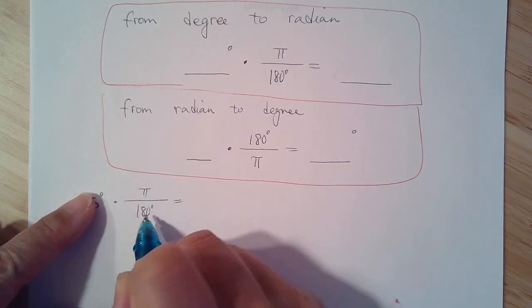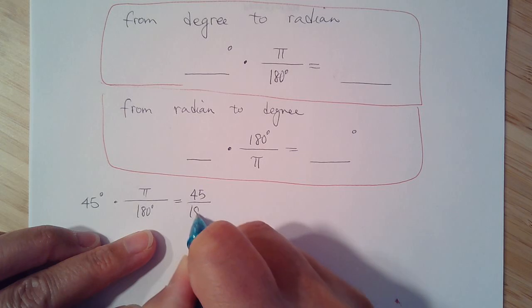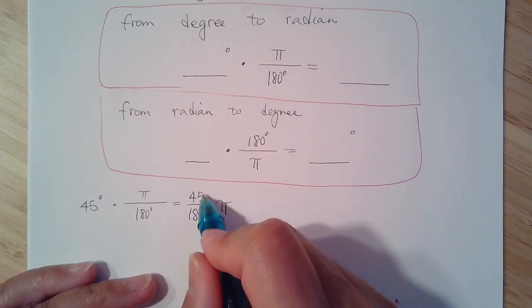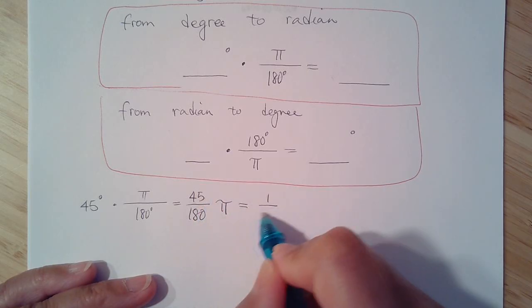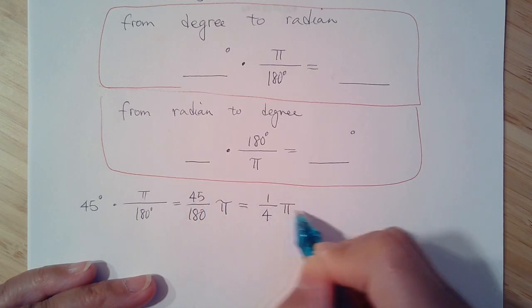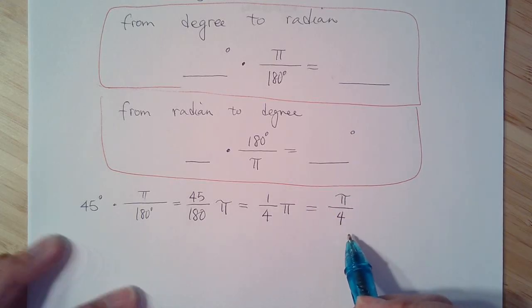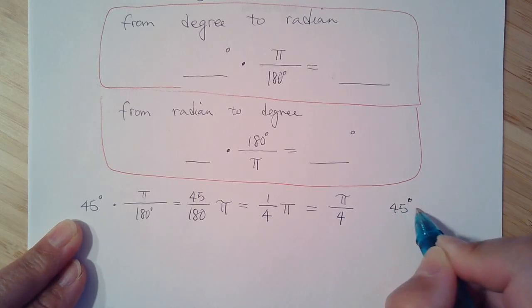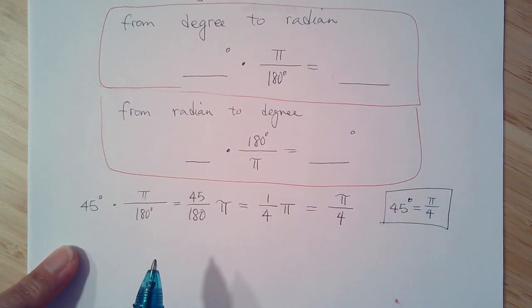And then the degree cancels, no more degree. So I have 45 over 180, that many pi. And 45 and 180 are both divisible by 45. So that is 1 over 4 pi, or you can say pi over 4. Done. From degree to radian. So you're going to say 45 degree equals pi over 4. That's your answer after you do the conversion.